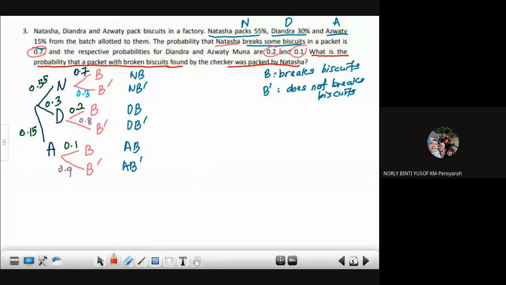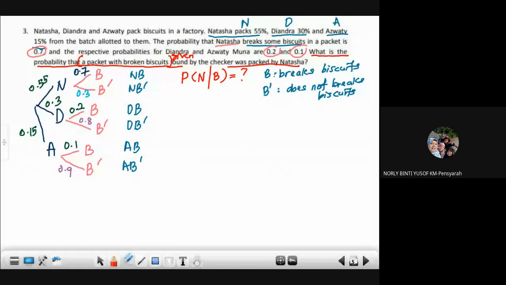So the event broken biskut ni, this is given probability sebab the event already occurred first. Then the probability was packed by Natasha. So kat sini you nak cari sebenarnya adalah Natasha given break biskut. Bukan N intersect B.